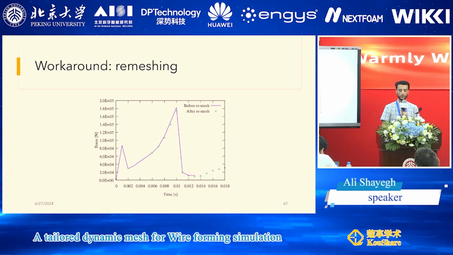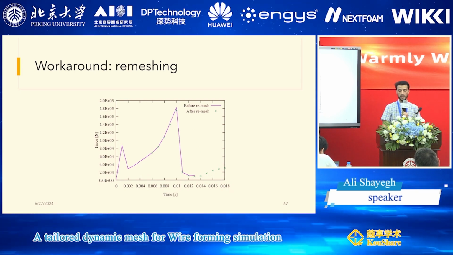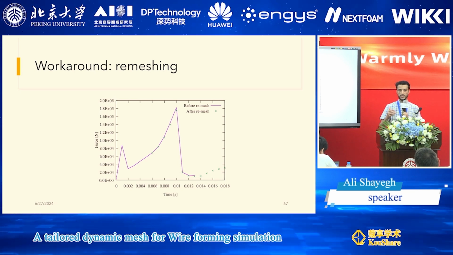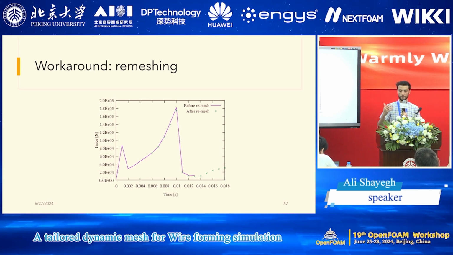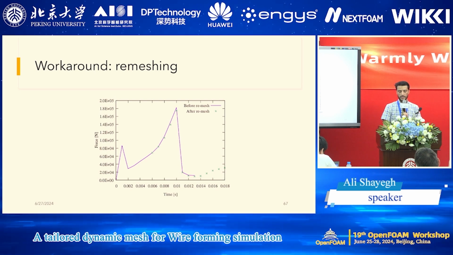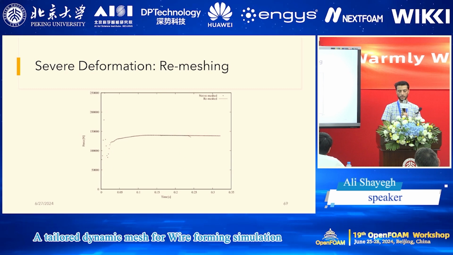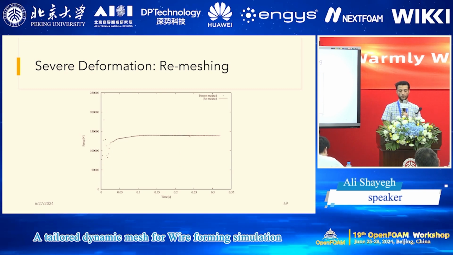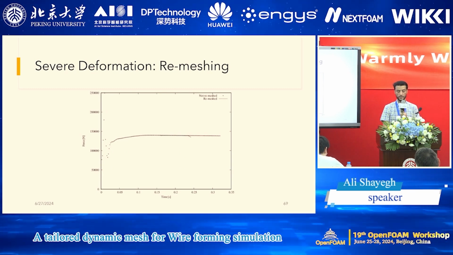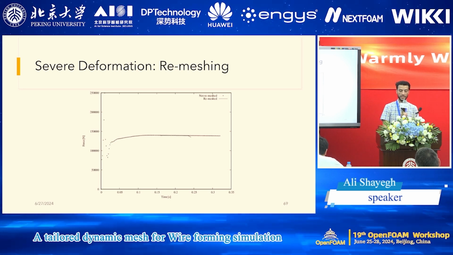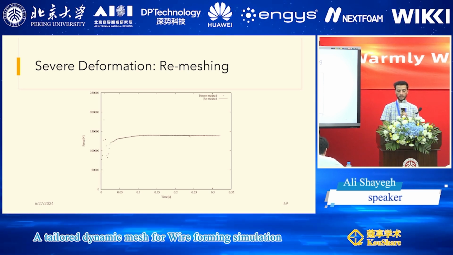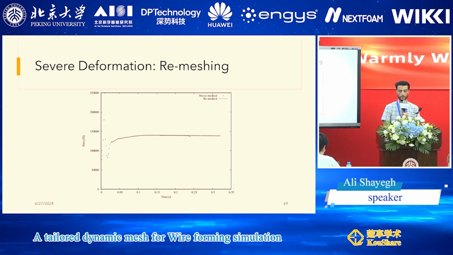However, it was a great success for us that we could progress many time steps further. And this is also another comparison between the roller forces for both remeshed and non-remeshed cases, just to show that it doesn't introduce an error to our work.